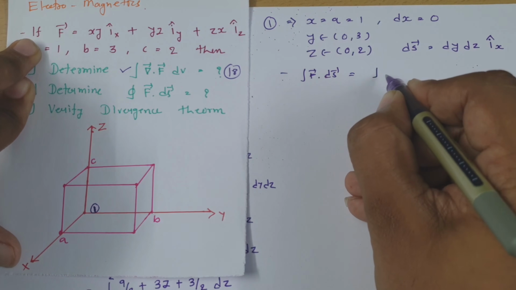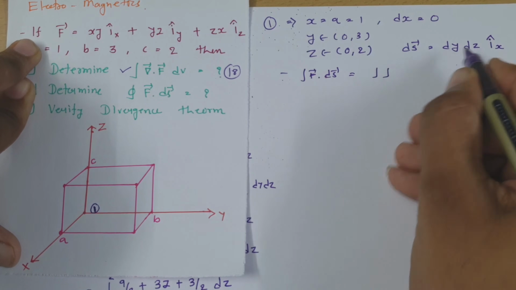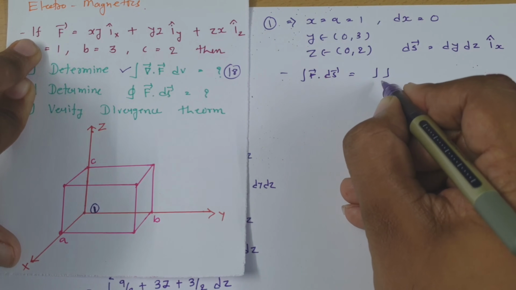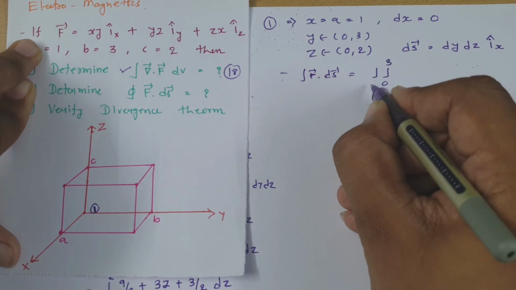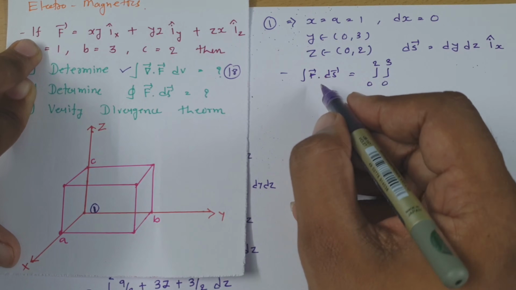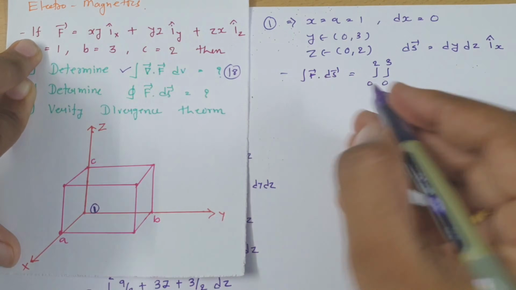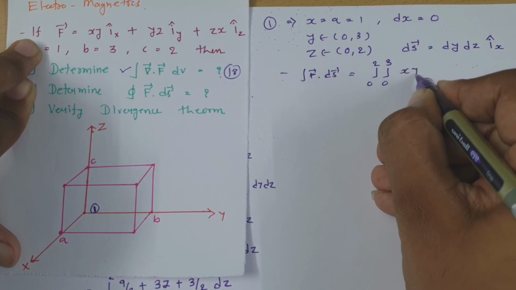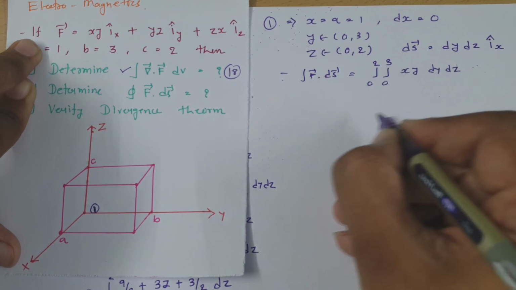So the surface integration means dy dz, where y varies from 0 to 3 and z varies from 0 to 2, and this dot multiplication has only the x component, which is xy. So here xy dy dz.